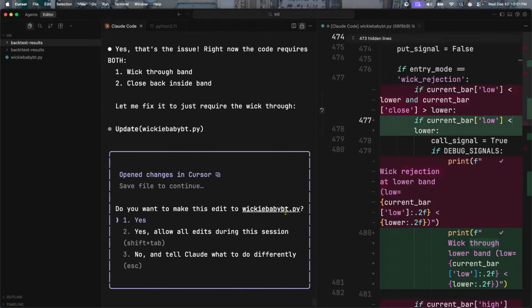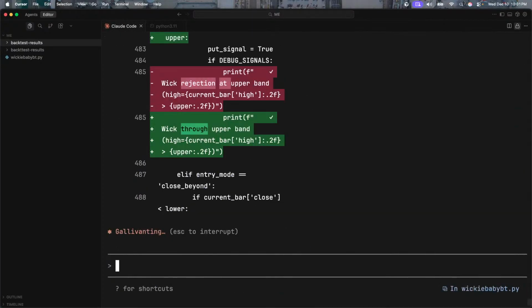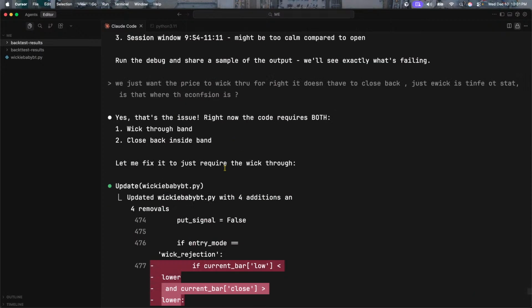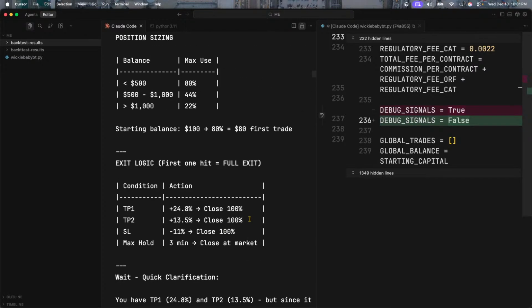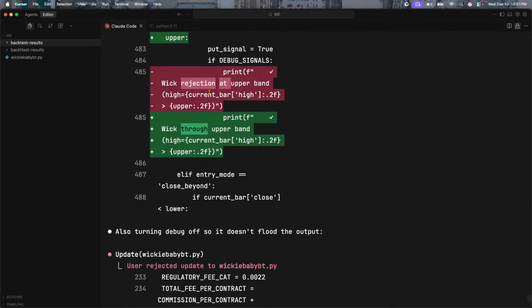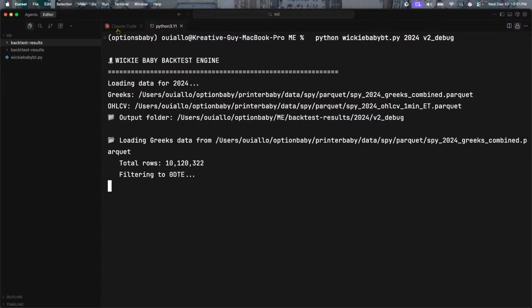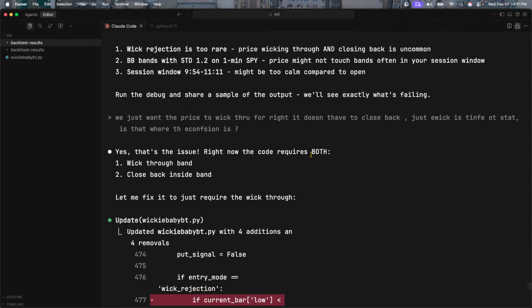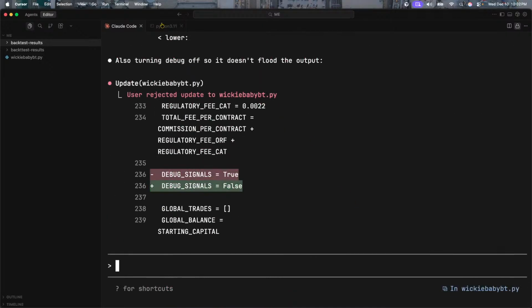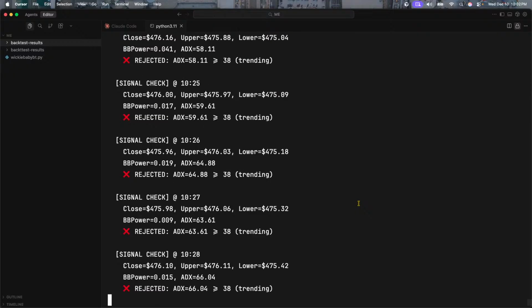Yes, that's the issue. Right now the code requires both a wick through and the close back inside. Bro, I told you, or, not and.